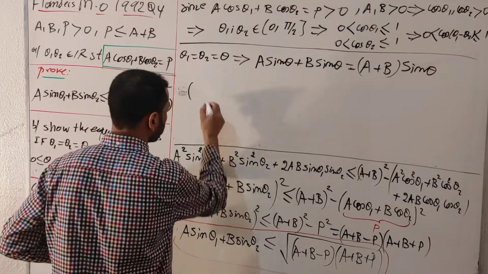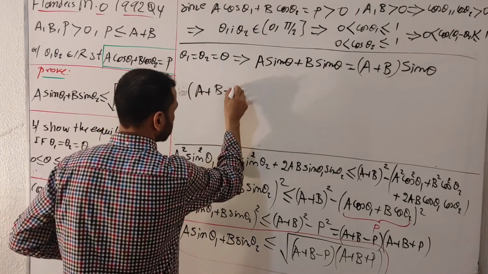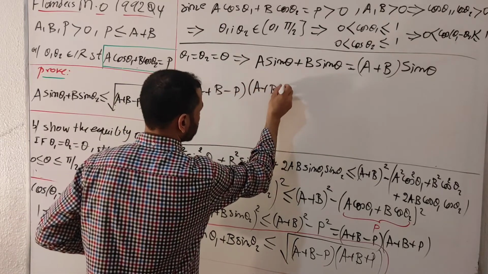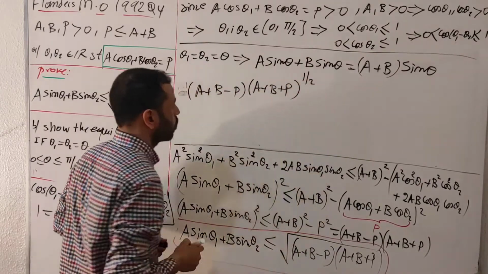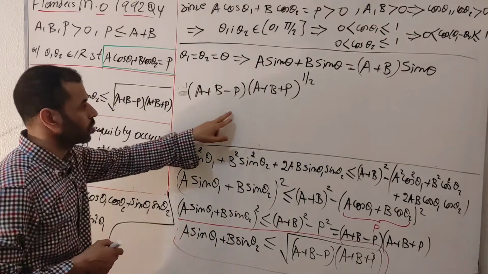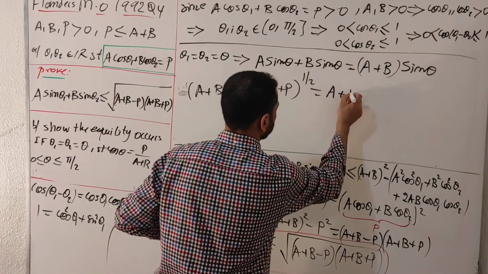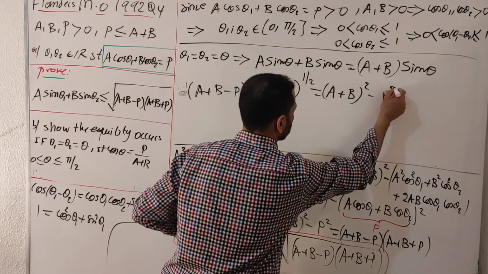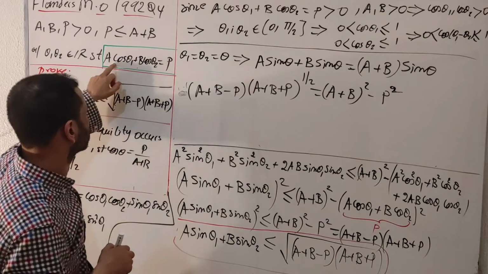So you have the square root of capital A plus capital B minus P factor capital A plus capital B plus P. So we have the square root as 1 over 2 as an exponent. So I'm going to distribute this one. It's giving us A plus B quantity square minus P square, okay, like this. So I'm going to replace P with its value.